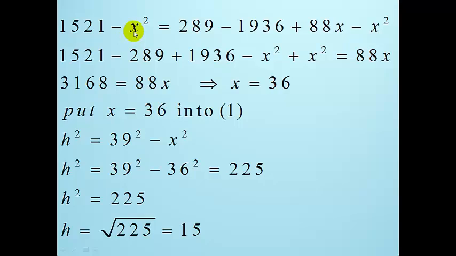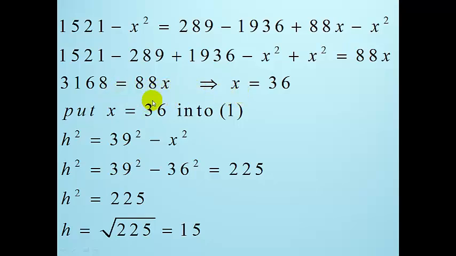That is how come we have minus x squared plus x squared, because already we have minus x squared on the left hand side. Now 289 becomes minus 289 on the left hand side, and minus 1936 becomes plus 1936 on the left hand side. So we have 1521 minus 289 plus 1936 minus x squared plus x squared equals 88x. Now 1521 minus 289 plus 1936 equals 3168, which equals 88x.